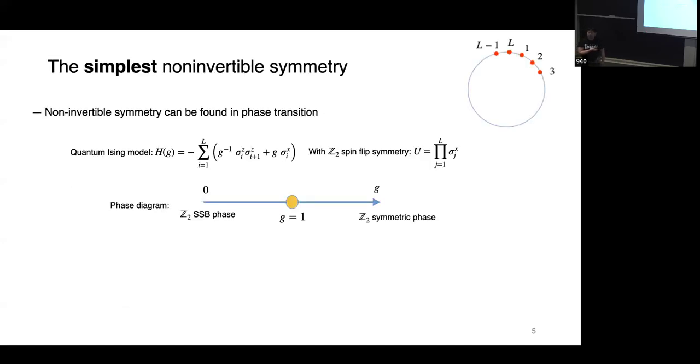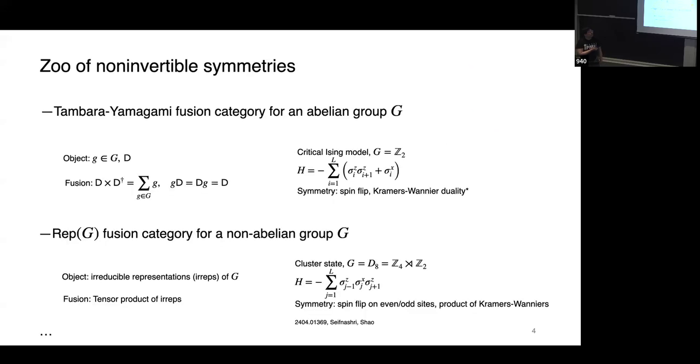Is it understood how to go from this cluster model to a model that has Rep H8 symmetry? I think the cluster model has both Rep D8 and Rep H8. It has both, okay. And the operators between Rep D8 and Rep H8 differ by a one-site lattice translation.